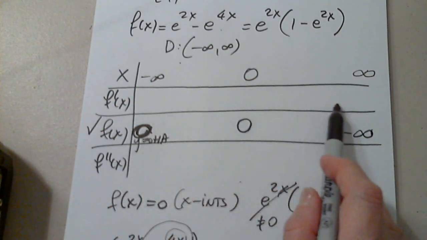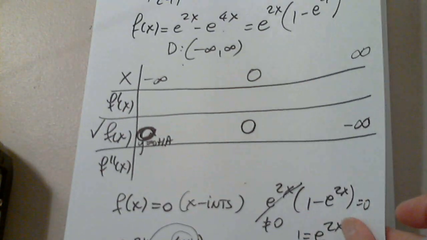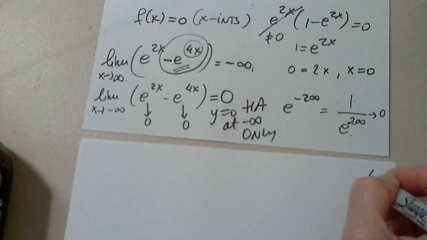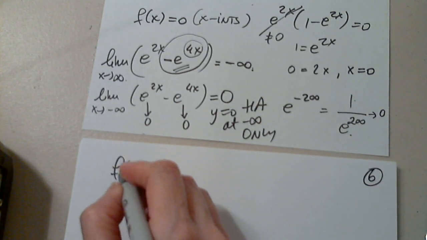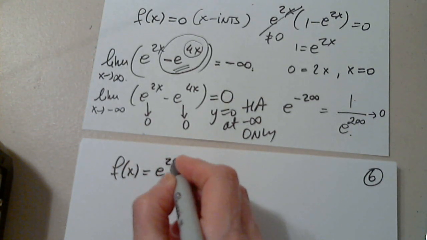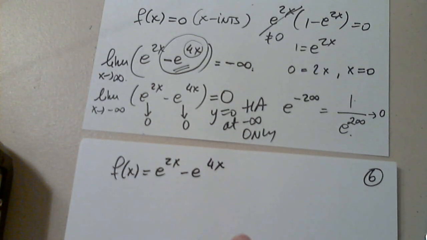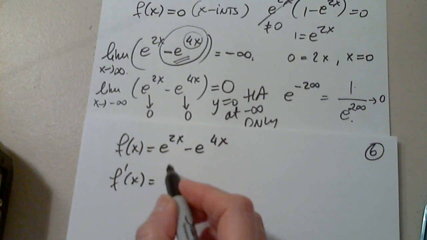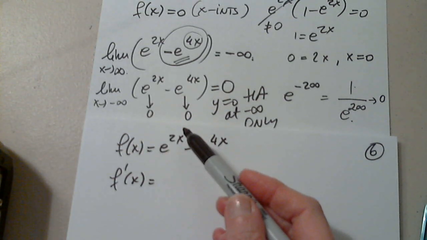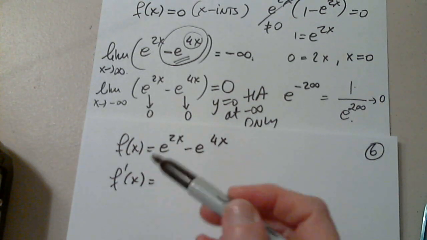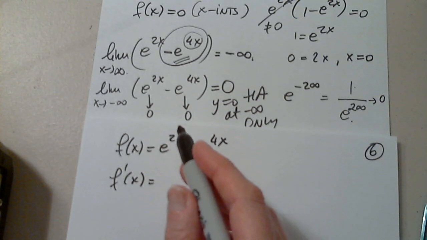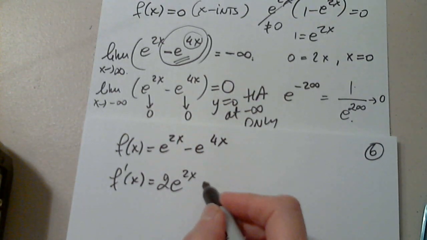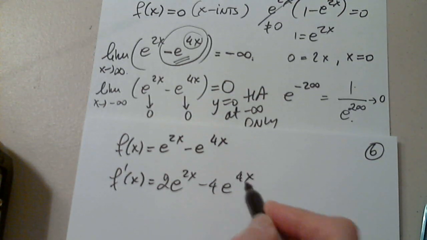Now I can move on to the first derivative. And I'm on page 6. I'm going to copy the function one more time. E to 2x minus e to 4x. So now remember, when I differentiate, I get e to the function prime is e to the function times the inner function prime. So 2e to 2x. Same thing here, minus 4e to 4x.